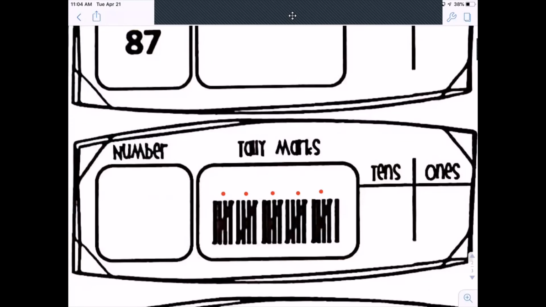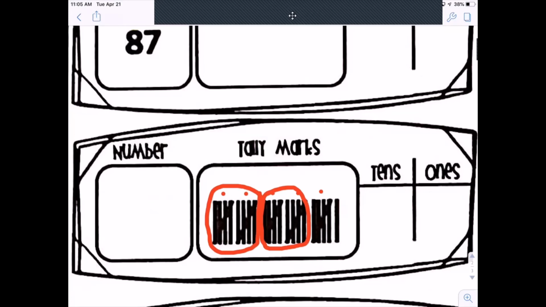So what I'm gonna do is put two groups of 5 together to make 10. If I put these two groups together, that's one group of 10. If I put these two groups together, that's another group of 10. Can I have another group of 10 right here? No, because how many do I have left? A group of 5, and then one more makes 6.